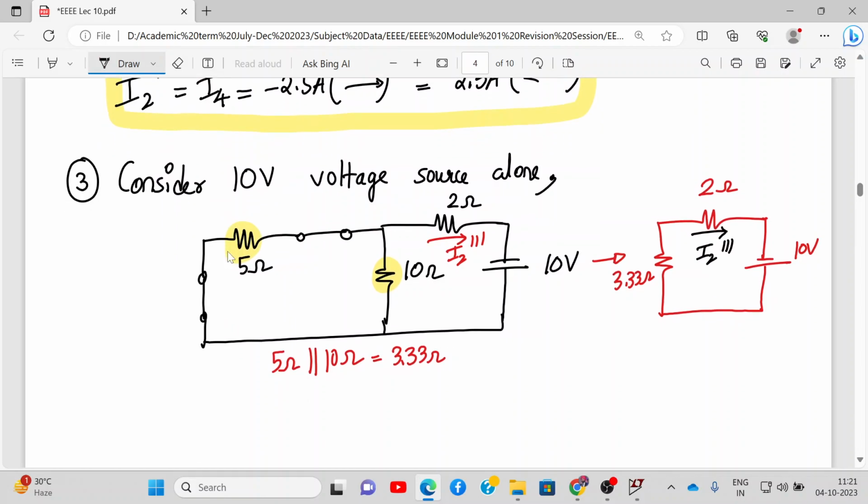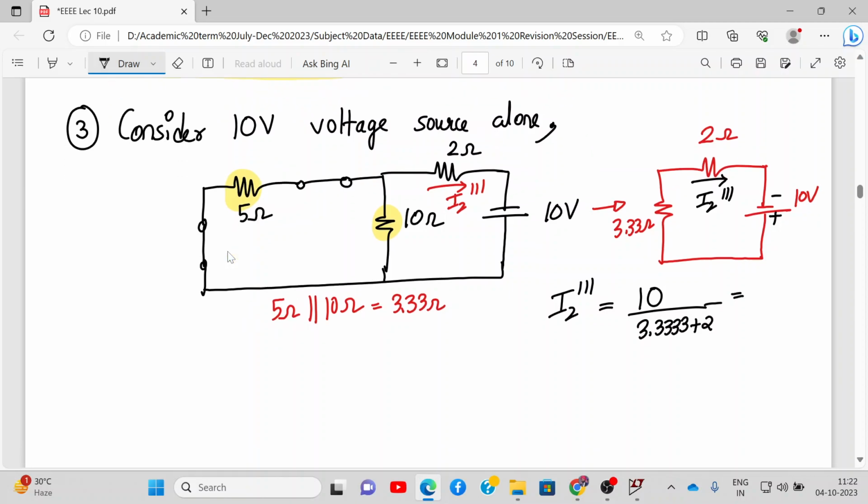So normally we can apply Ohm's law and find the value of I2 triple dash. It will be 10 volt, because we are going from minus to plus, so it will be 10 divided by 3.33 plus 2. So that is coming out to be 1.875 amperes, and the direction is from left to right. So this is the value of I2. Let me highlight it over here.